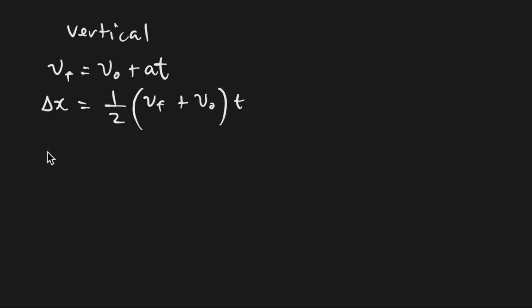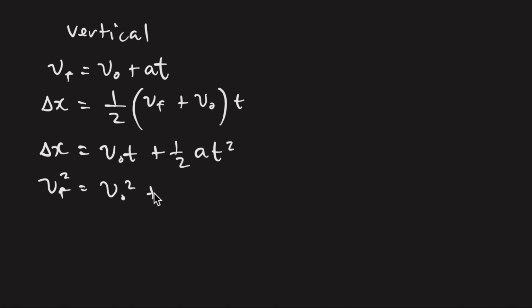Next, delta x is equal to V naught times time plus 1/2 a t square, and lastly we have Vf square is equal to V naught square plus 2a delta x. We use these kinematic equations that have acceleration since the vertical component of projectile motion has constant acceleration.